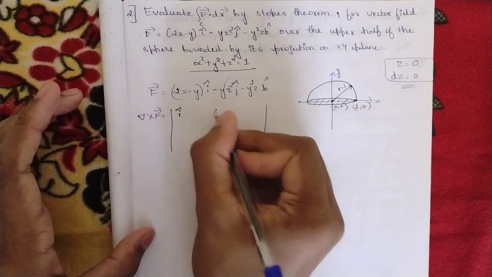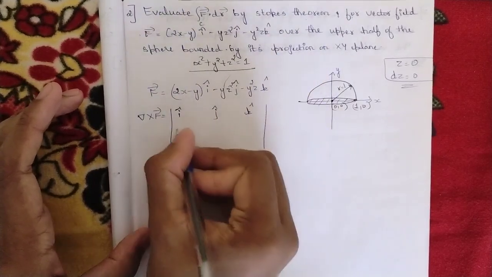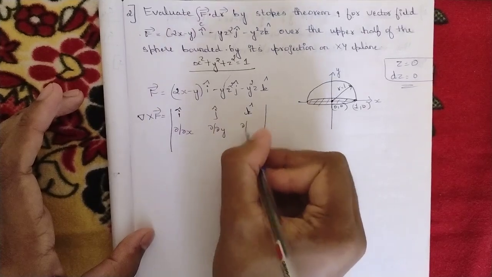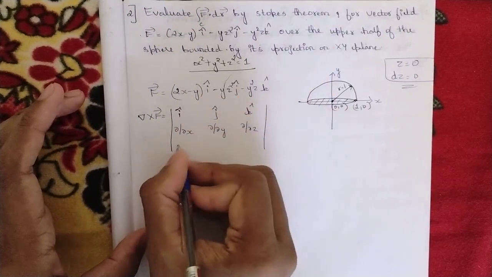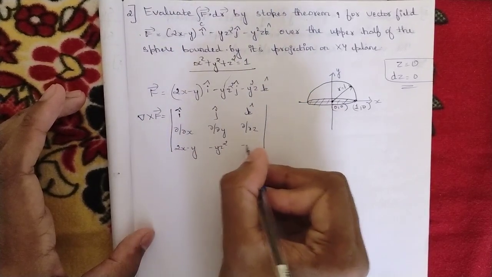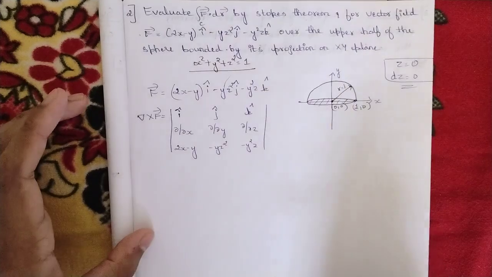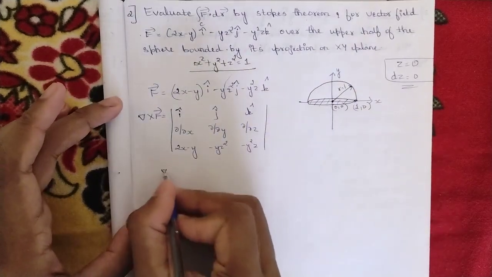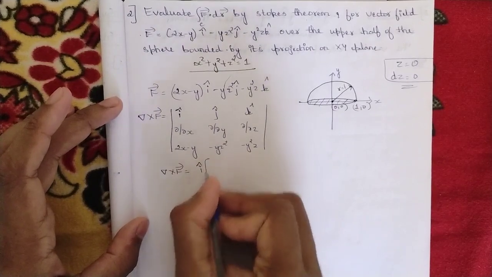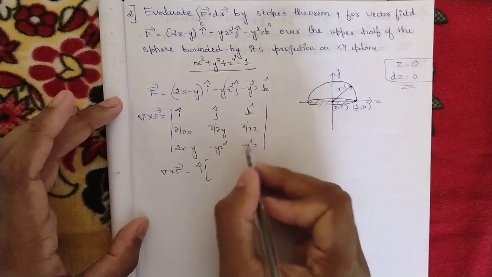First column, all the unit vectors, second column, all the partial derivatives, and the coefficients 2x minus y, minus yz square, minus y square z. Now solve by doing the determinant calculation. i cap into dou by dou y into this term.